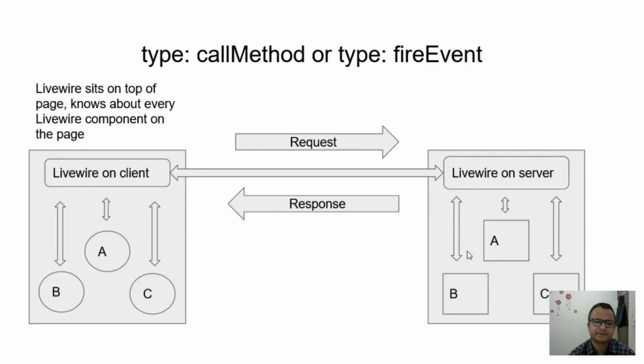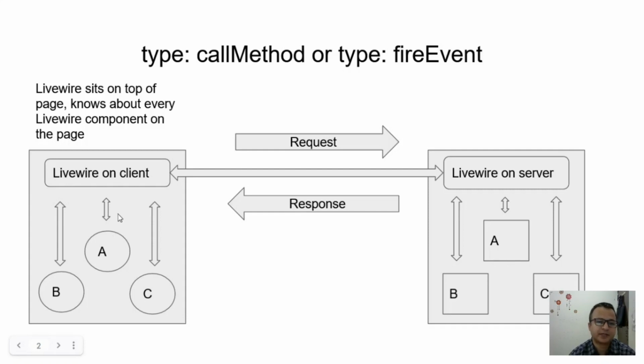What you're seeing in the circle is the template of the component, and the component class is here on the right hand side. Whenever we wish to call a method on a component, Livewire, which is in control of all the components in a particular page, listens to all the events fired by these components.